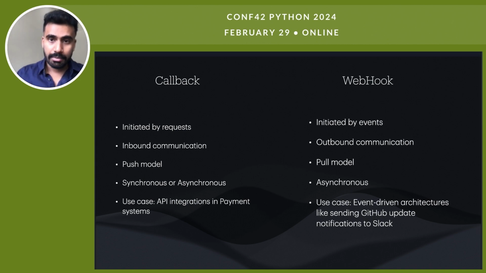Webhooks are initiated by those events, and then the sender, which is GitHub, makes an HTTP call to the defined URL on the receiver, which is Slack, passing all the data onto it. And that's how Slack gets to know that, okay, there is a pull request update or whatever has happened.